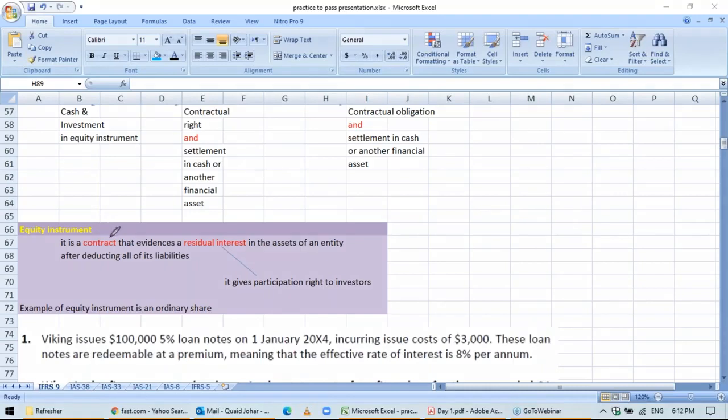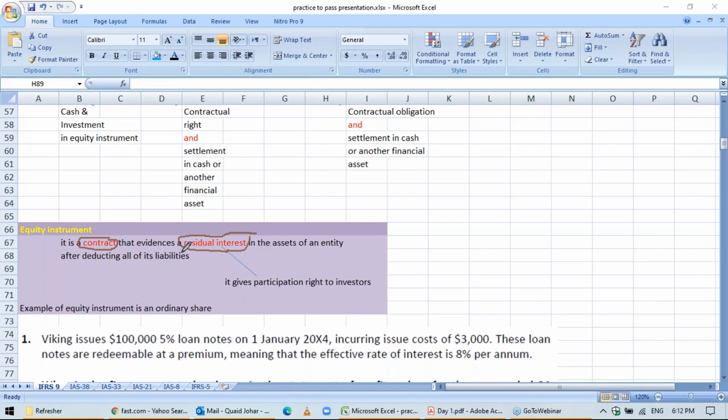So equity instrument is also a contract that evidences a residual interest in the assets of an entity after deducting all of its liabilities. And you can say that assets minus all liabilities is the residue, the leftover, the remaining portion, right?